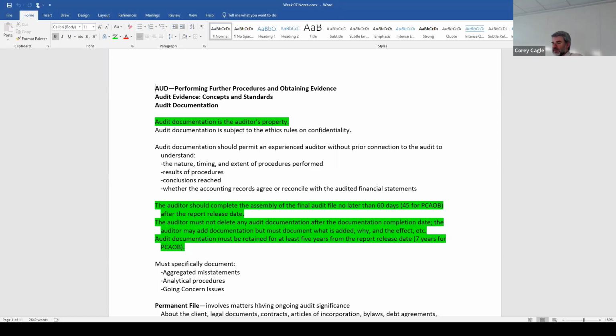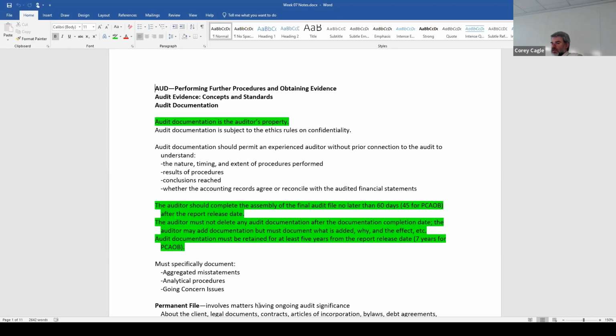That is 45 days for them. We are not allowed to delete any audit documentation after the documentation completion date, for obvious reasons. We can continue to add after that date, but if we do, we've got to document what was added and why. So those are some rules.